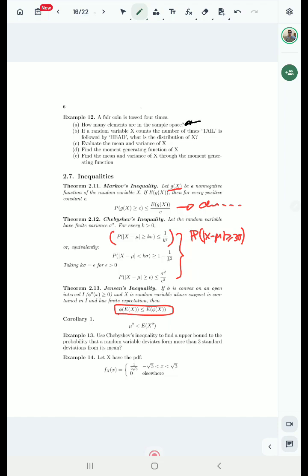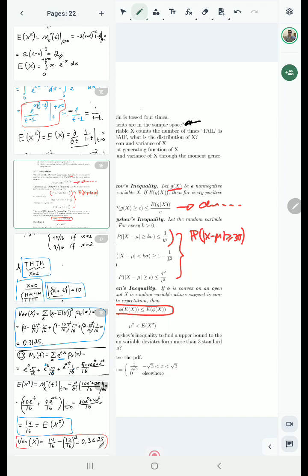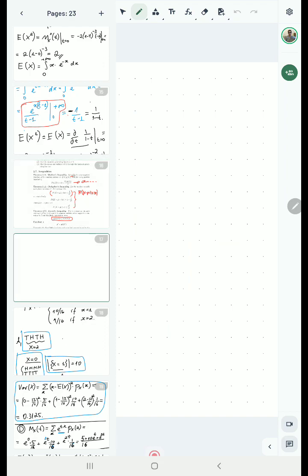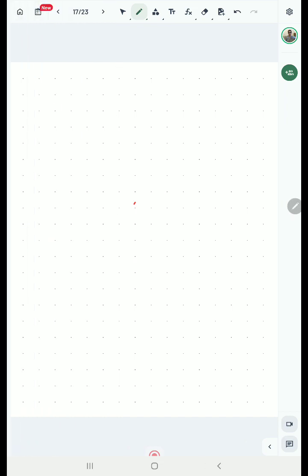So let me rewrite it here. Example 13, we're interested in the probability that |x minus mu| is greater than or equal to 3 standard deviations.